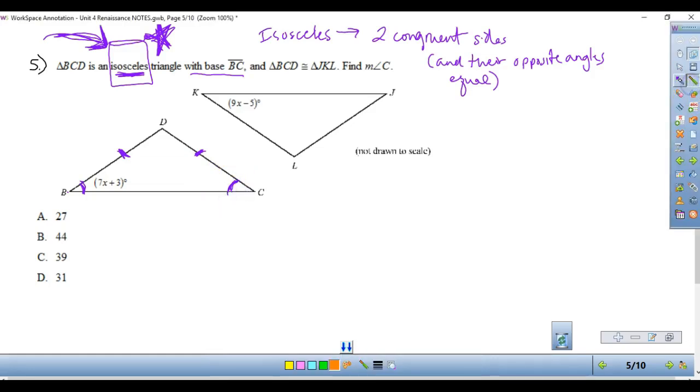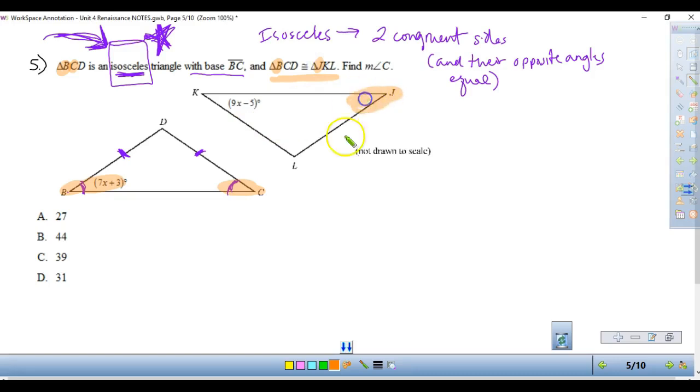So when I start matching stuff and I say angle B, I'm going to automatically match it to C. Okay? Because angle B and C are the same. So angle B and C, and it doesn't always happen to be the first two letters in the statement. It just depends on where your base was and which two sides are equal. So angle B would normally, oops, the congruent statement is actually over here. So angle B would normally match angle J. So I'll go ahead and color that in.